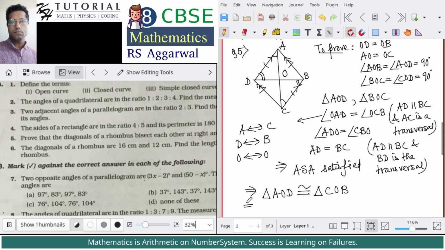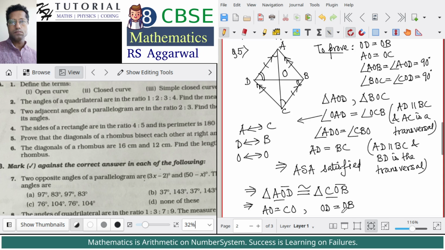From this congruence relation, AO is equal to CO, and OD is equal to OB. So these two prove that the diagonals bisect each other at the point O, the point of intersection of the two diagonals.